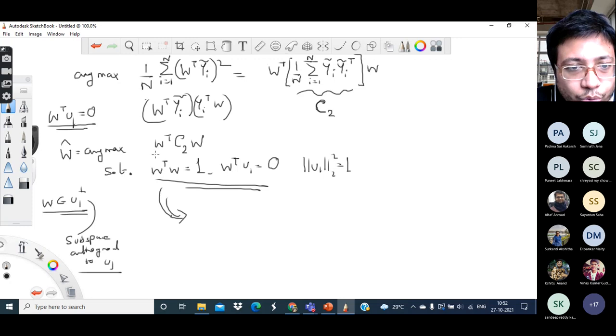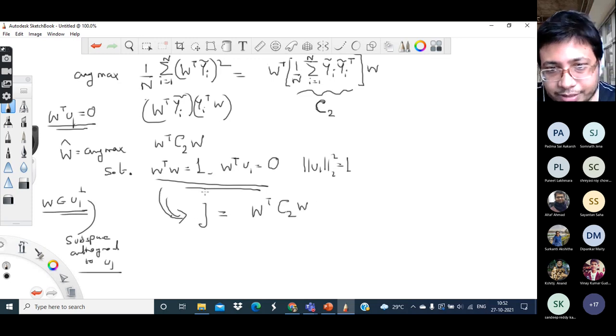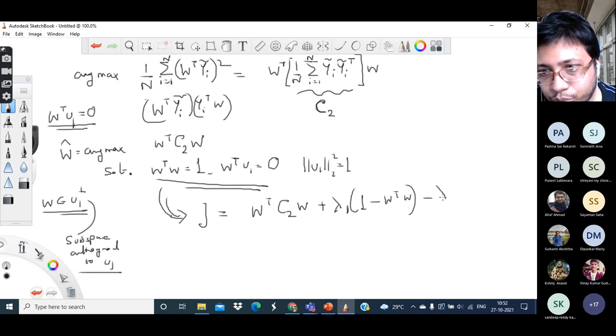So basically, when I write the new objective function J in the same way as I had written last time in terms of the Lagrangian multipliers, as plus lambda 1 times one minus w transpose w, minus w2 as w transpose u1.